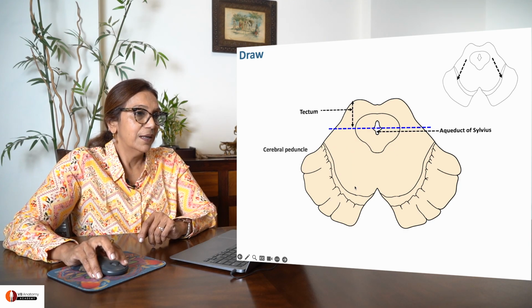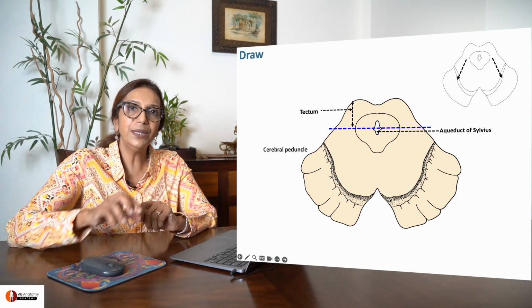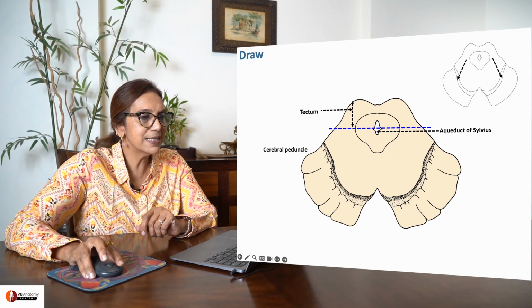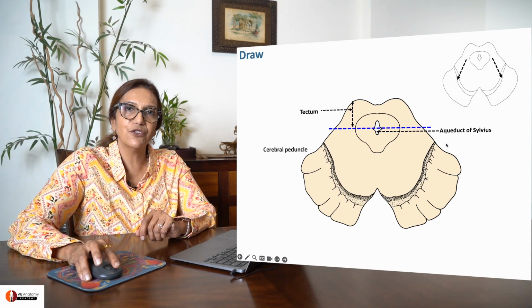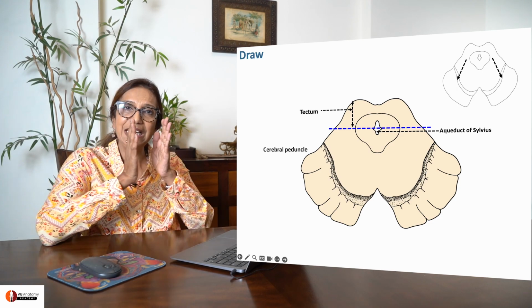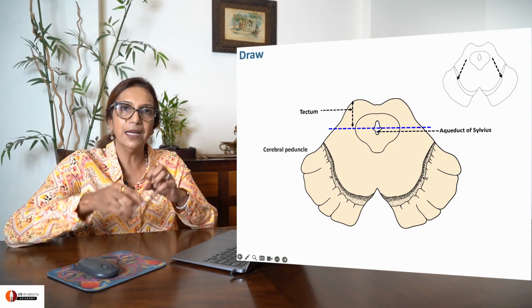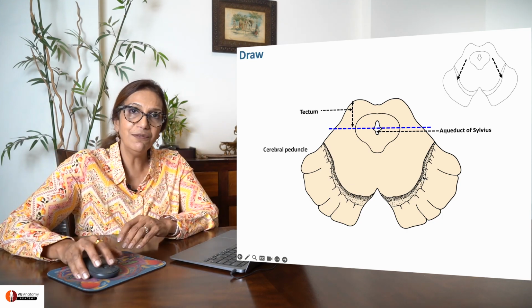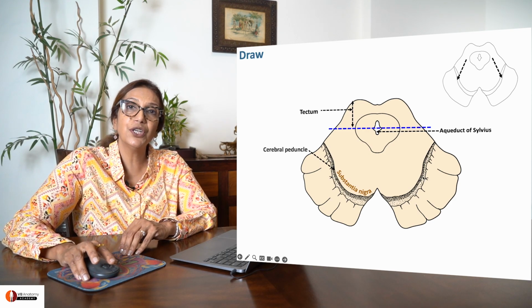Now, let's color this zone here so that there are a lot of cells in the posterior region and fewer cells in the anterior region. Just color it in that way. So the posterior region looks very dense, packed with cells, and the anterior region looks like a lesser number of cells. This is called as the substantia nigra.